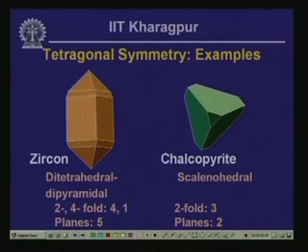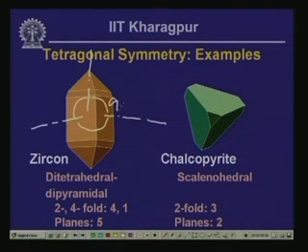For example, in the case of zircon, you are going to have one axis in this orientation, another one in this orientation, and obviously one axis in this direction, and the angles between these axes, all of them are 90 degrees.